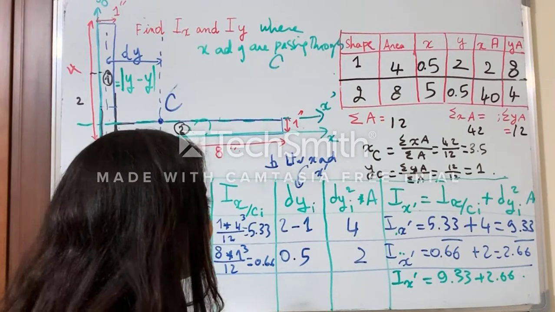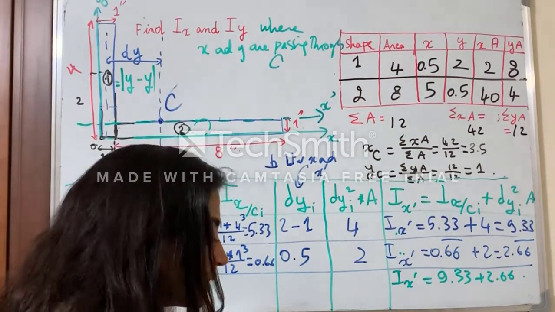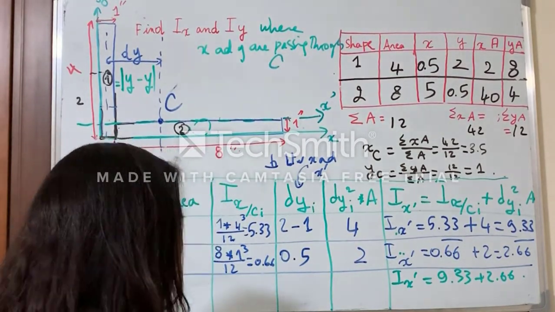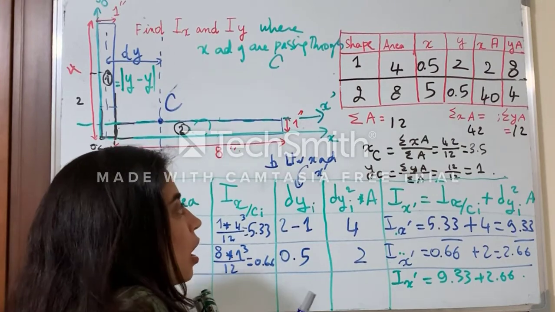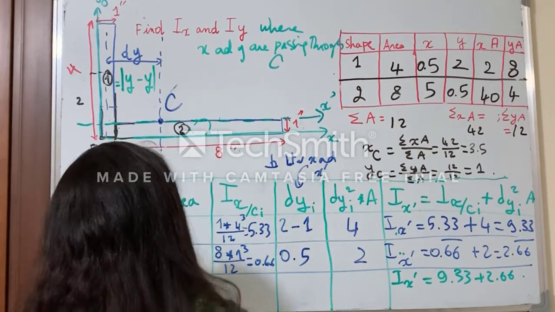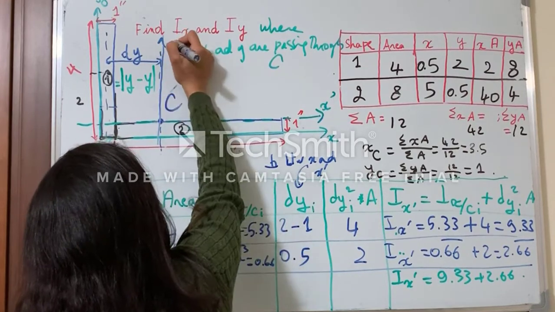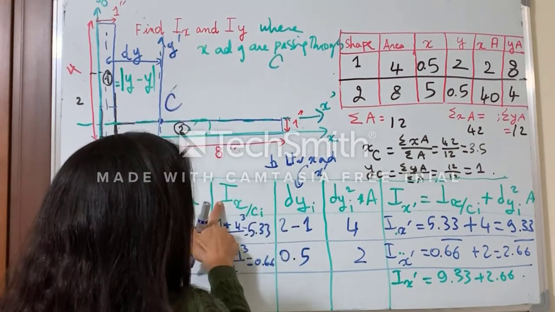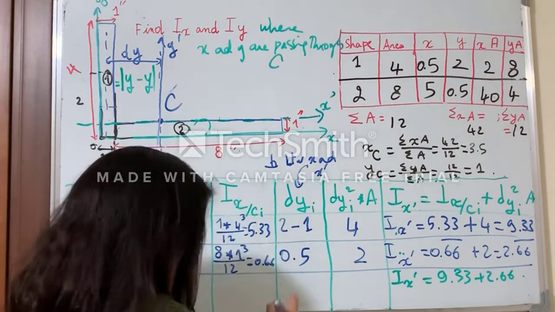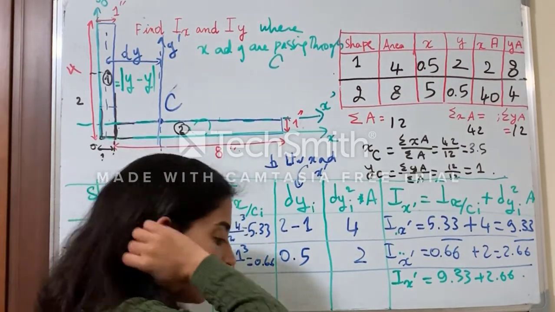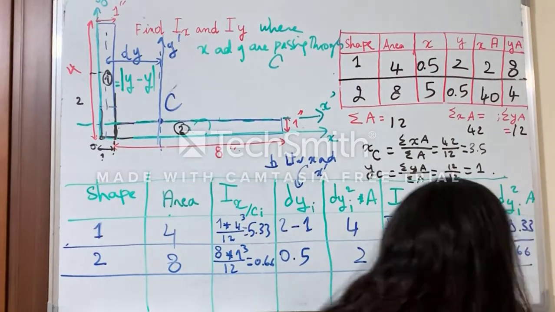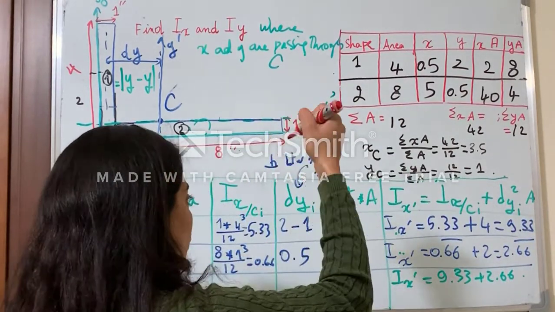Now, if I'm going to do Iy, basically it is the same, except, guys, that it is about y prime, alright? So y prime is this one. So what I have to do is to find Iy prime, or Iy around the centroid for each shape. So guys, I will put the answer in red color.